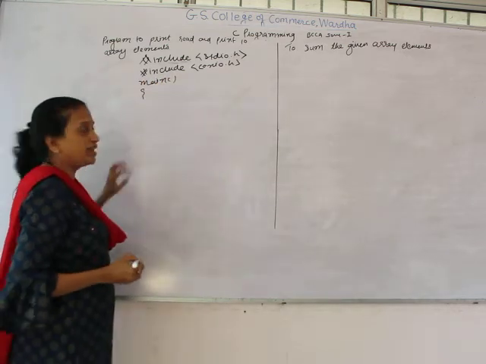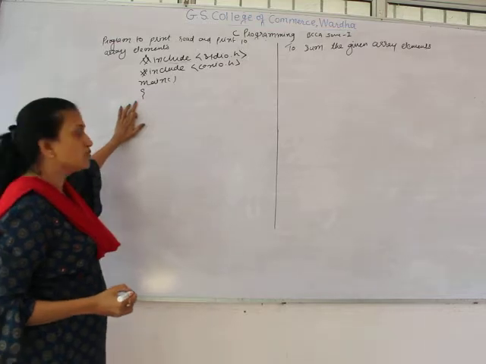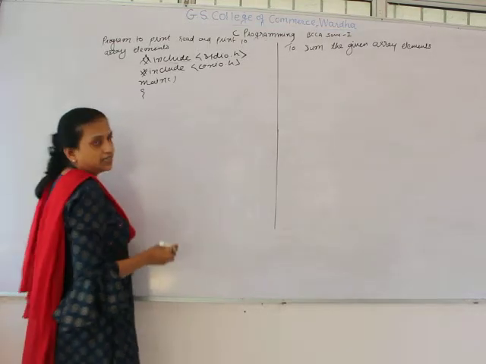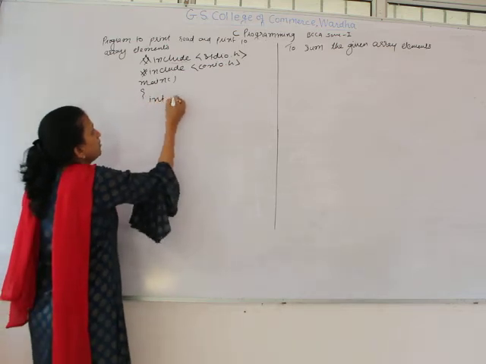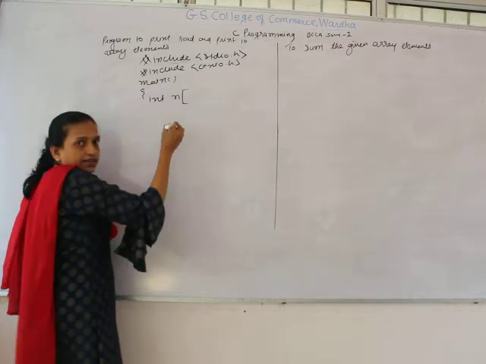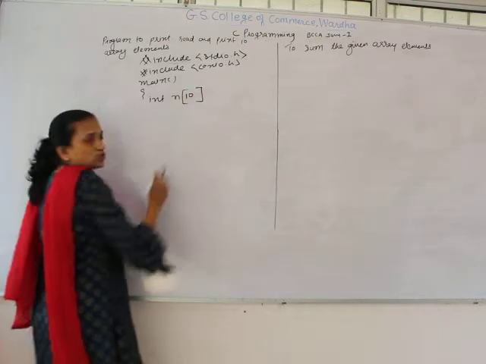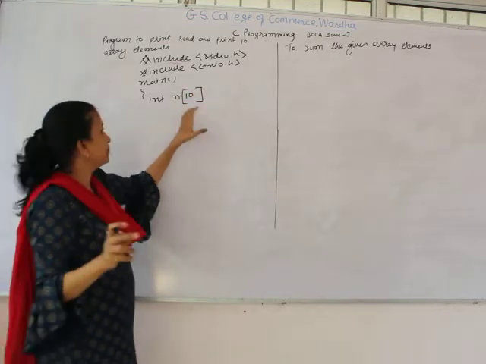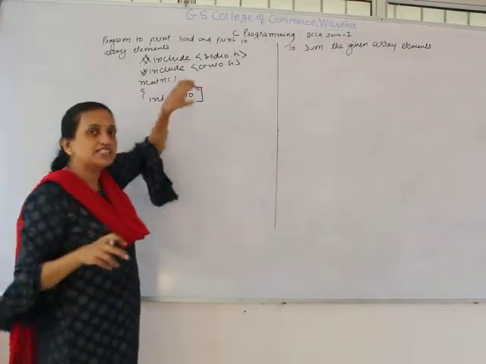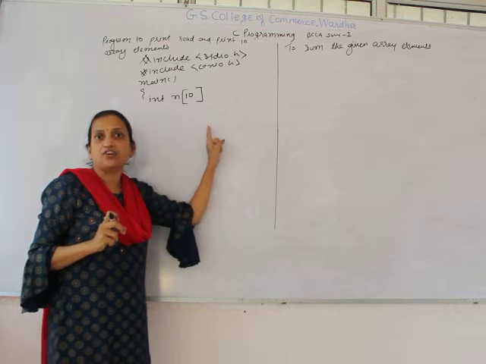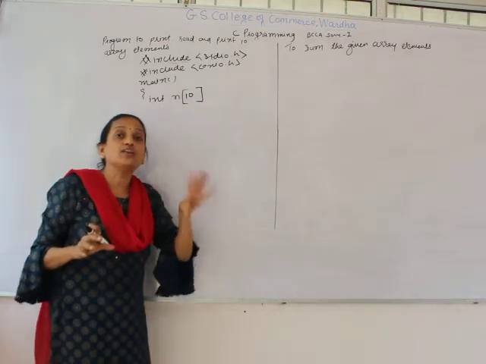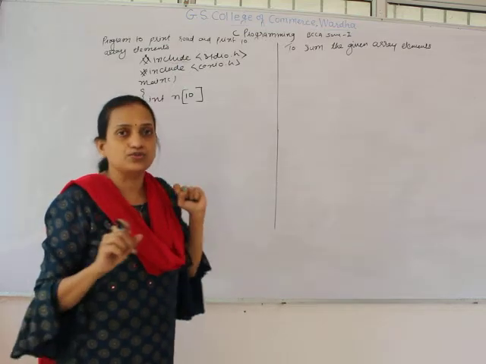After main, the program starts with an open curly brace, and the first statement is always the declaration of variables. Here I am declaring one array variable, n, with its size 10. The size is always defined with square brackets, and whatever value you put inside the square brackets is known as the size of the array. That means the variable n can hold at most 10 values from the user.